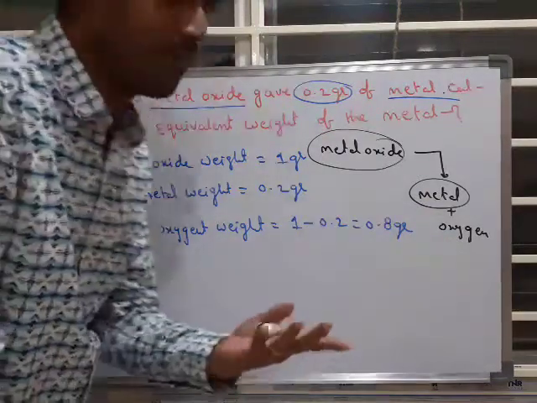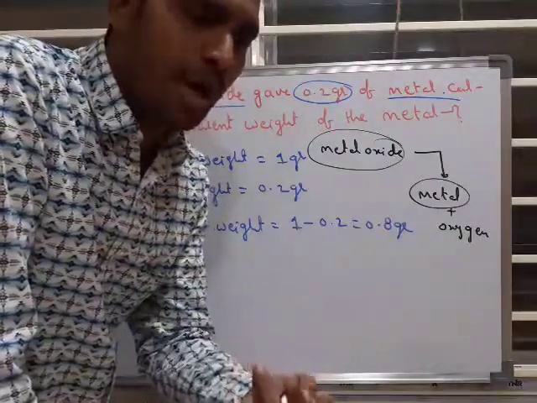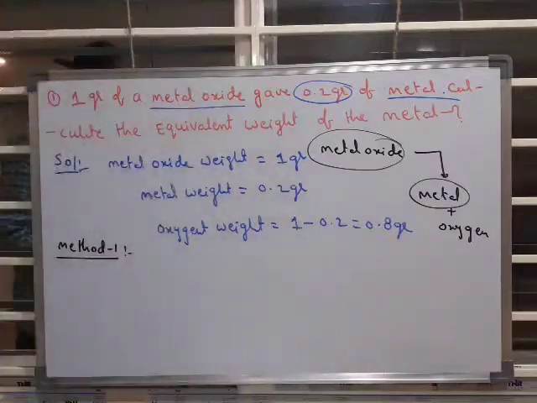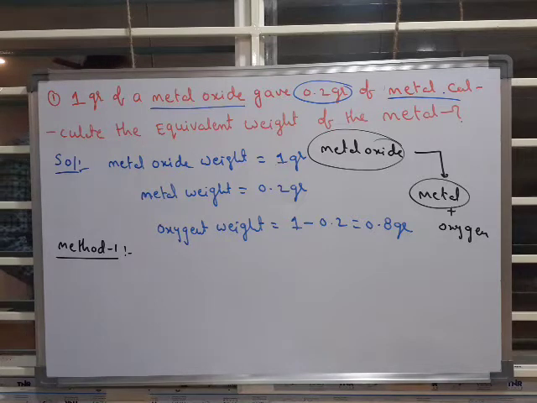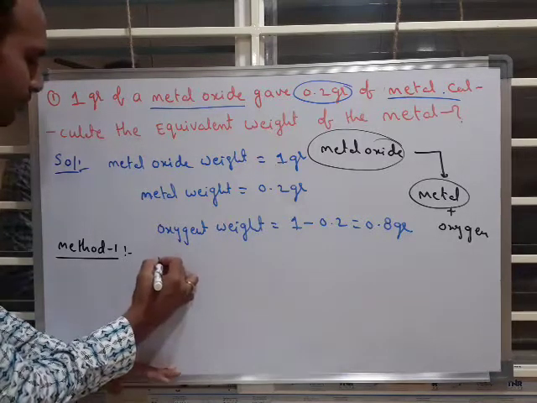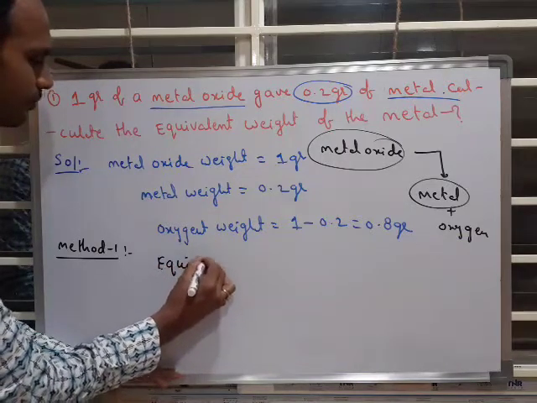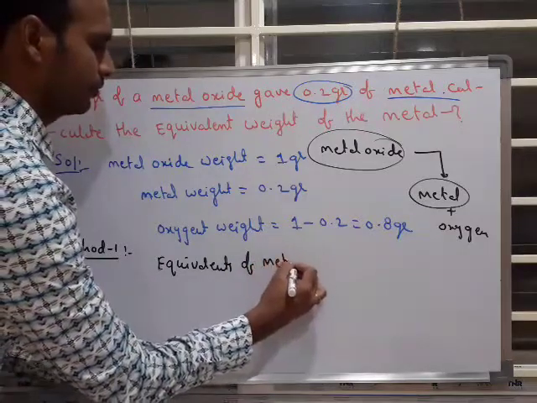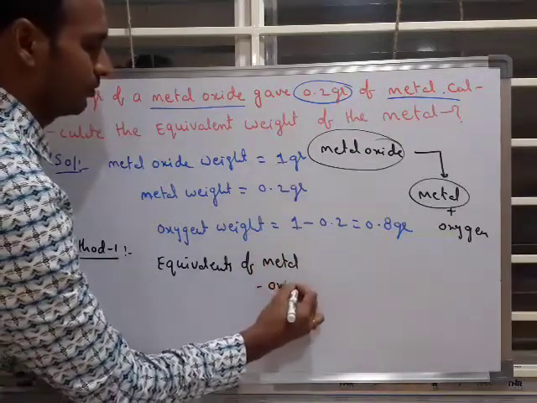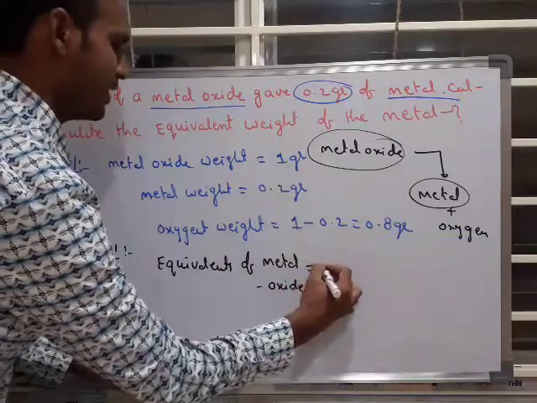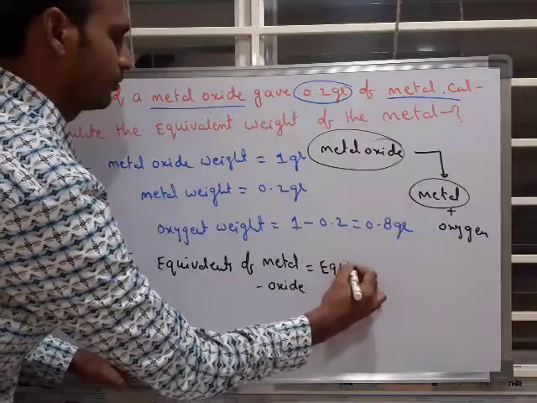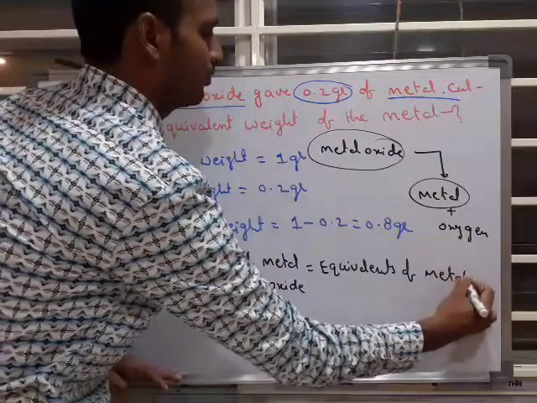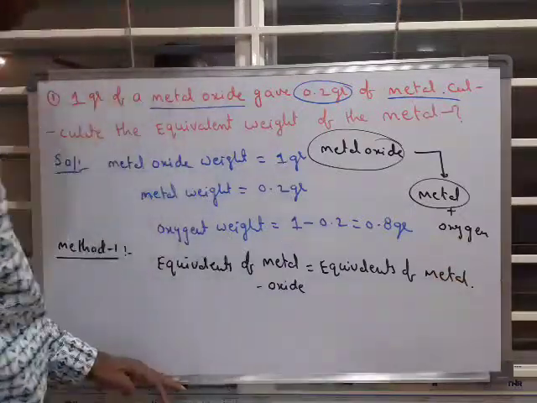So we can equate milli equivalents, but for milli equivalents we need molarity. We don't have molarity, so let us simply use equivalents. Equivalents of metal oxide is equal to equivalents of metal. We know again, what are the equivalents?